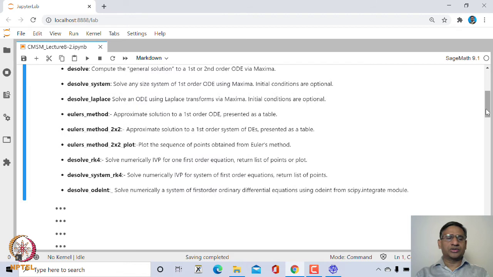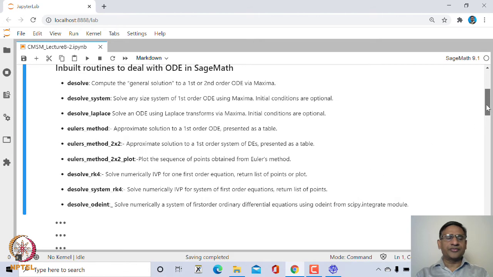You can also use desolve_odeint. This numerically solves a system of first order ordinary differential equations, and it uses the SciPy integrate module. So these are some of the default facilities available in SageMath in order to solve differential equations.